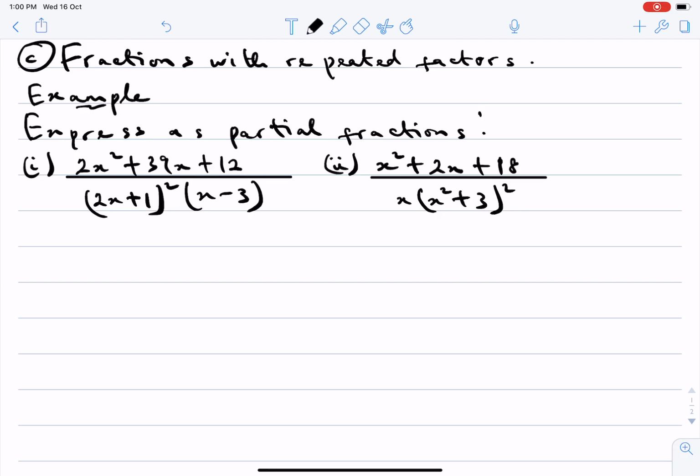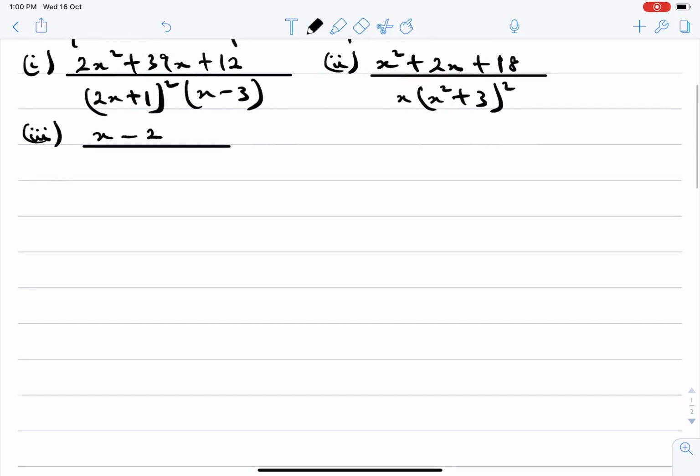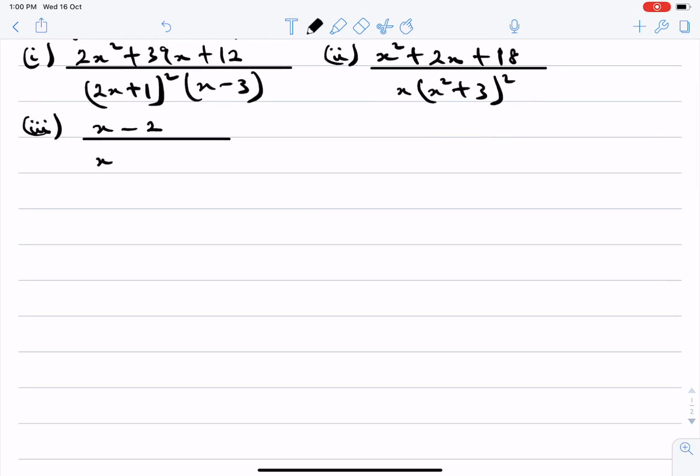And Roman figure 3: x minus 2 divided by x squared times x minus 1 squared.